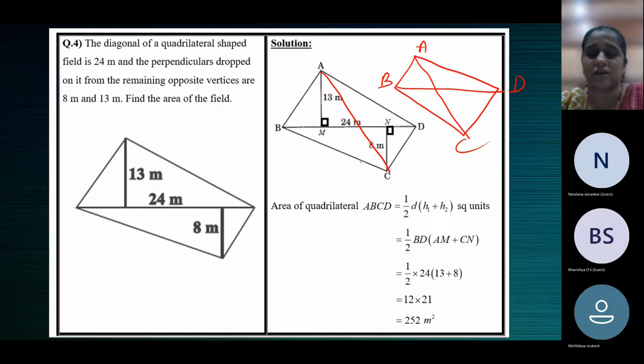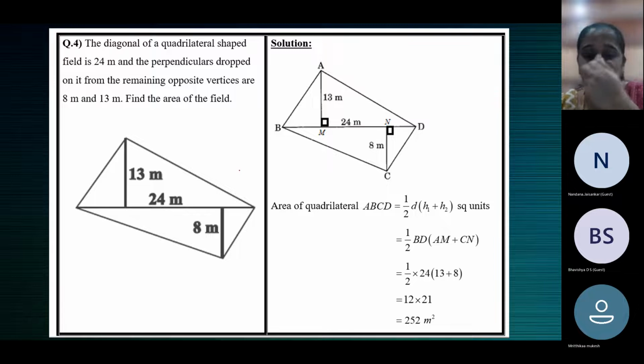It's not connected, that's okay. But diagonal BD is connected, and the length of that diagonal BD is 24 meters. Now, what is AM? AM is a perpendicular on the diagonal BD. What is CN? CN is also a perpendicular on the diagonal BD.